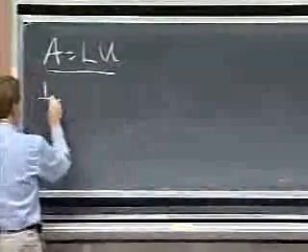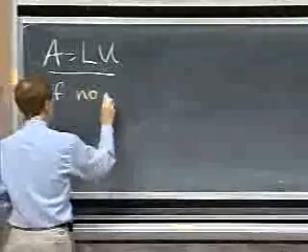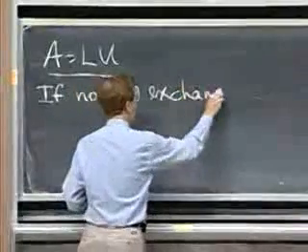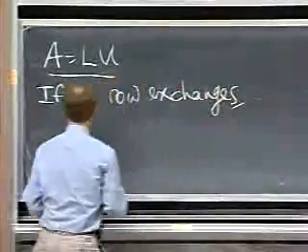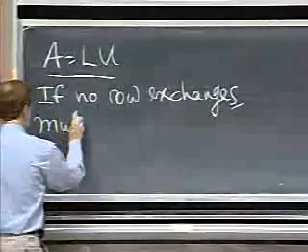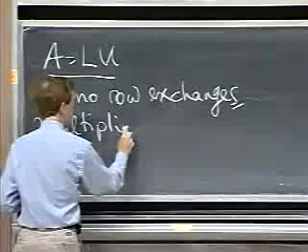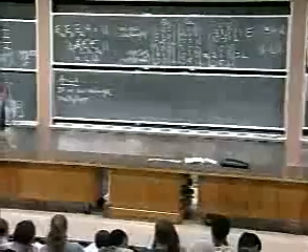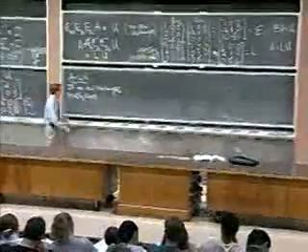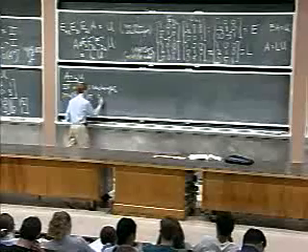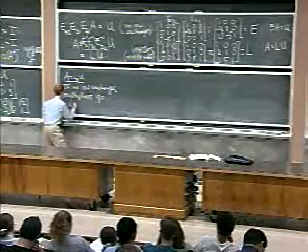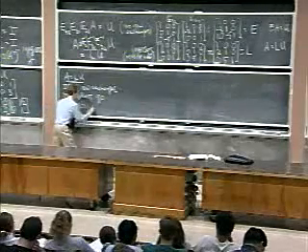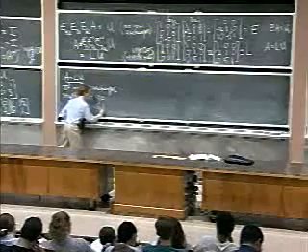So if no row exchanges, the multipliers, those numbers that we multiplied rows by and subtracted when we did an elimination step, the multipliers go directly into L. Okay.